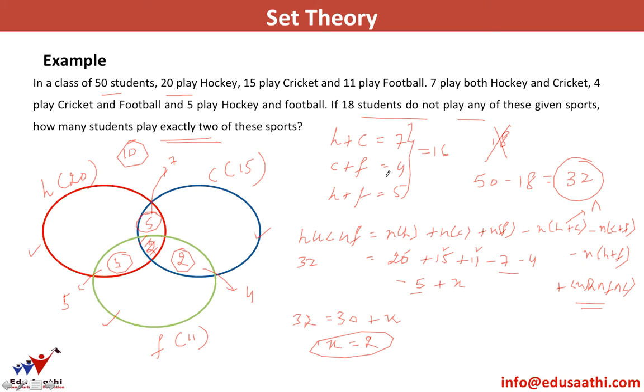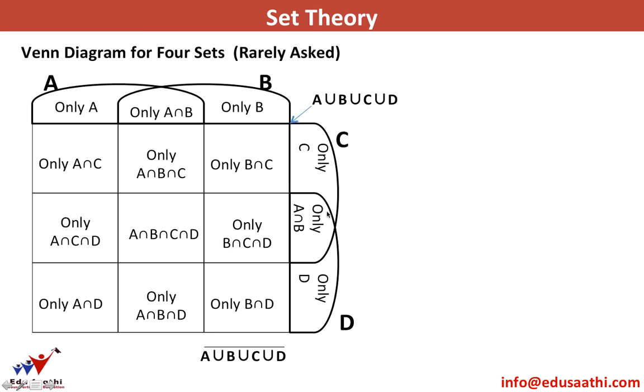So if you delete these countings of 2 which is done 3 times, you'll do minus 3 times 2, which is 6, and 16 minus 6 is also 10. Just another logic. I hope this is clear.